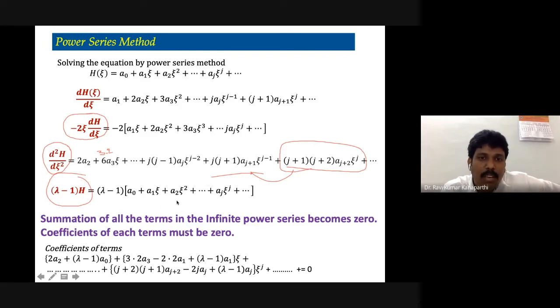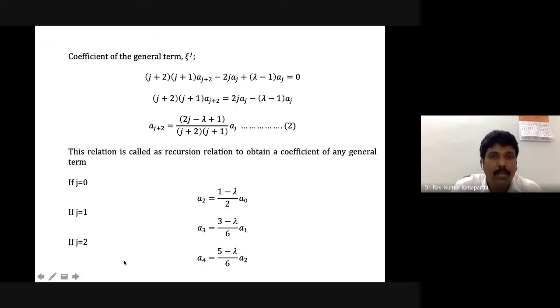And from here, lambda minus 1 multiplied by aj. So all these things you can write here, and the series continues. The value of j starts from 0 to infinity. Whatever term you are interested in, it can be written. But we are not interested in everything, only a particular one. I have only written a couple of things which are really required to make the concept clear to you.